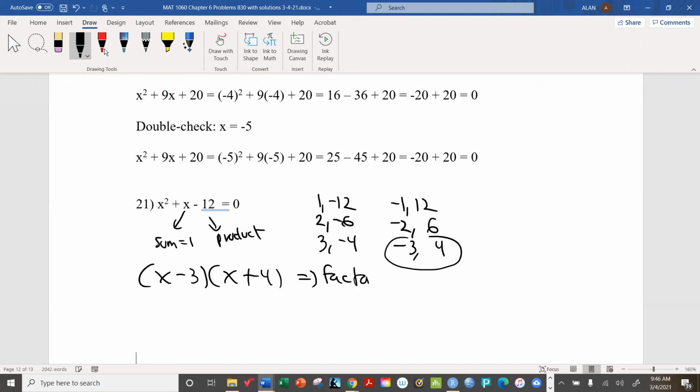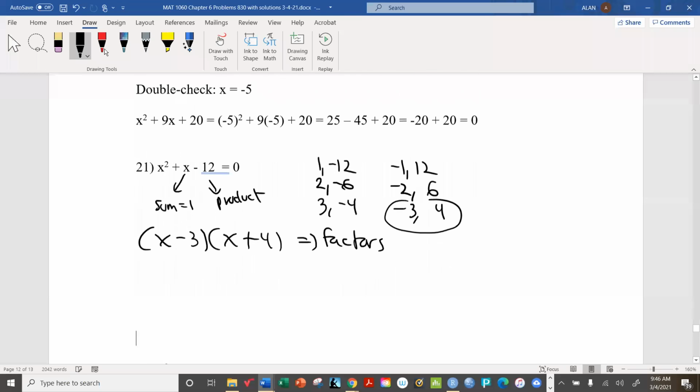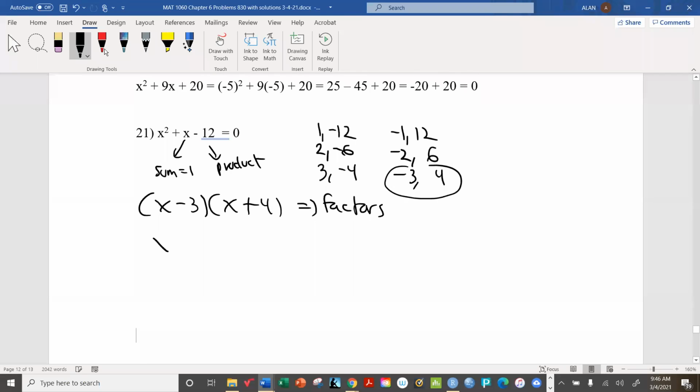these are the factors. And then, of course, to find the solutions, we need to set these equal to 0. All right. And then, of course, not that it's absolutely necessary, let's double check.